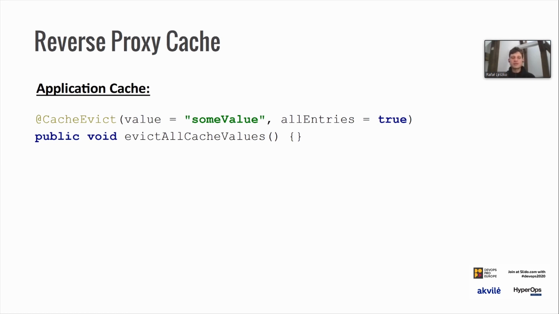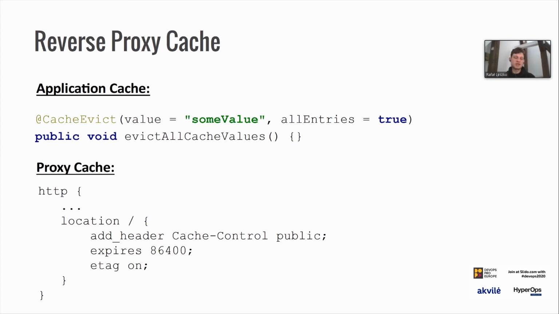However, when the application is not aware of caching, all that's left is simple HTTP things like tags and timeouts, basically timeouts, to decide when the value is not valid anymore. So that is the biggest problem of reverse proxy caching.